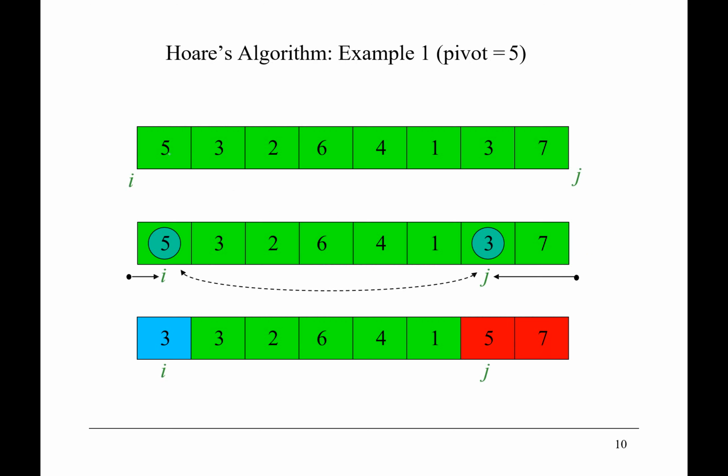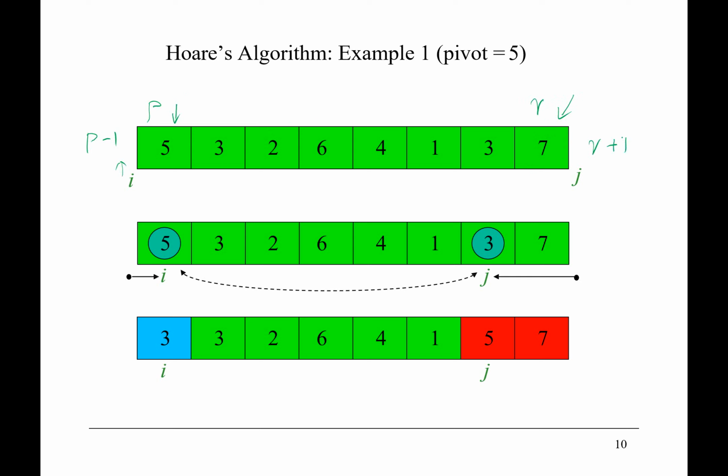Take a look at this example. Let's say we have 8 numbers, and P is in the first location, R is in the last location, I is equal to P minus 1, and J starts from R plus 1.